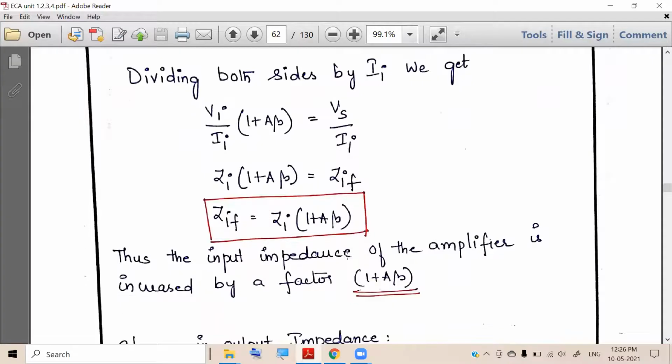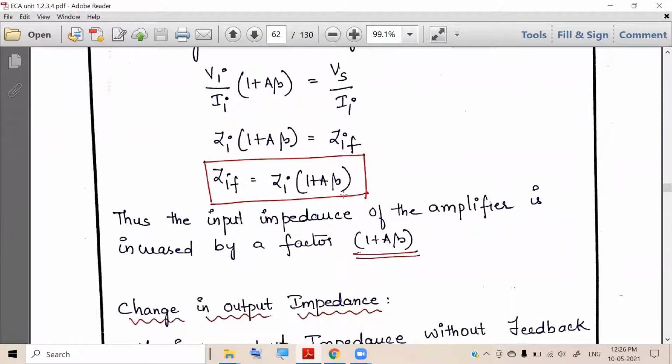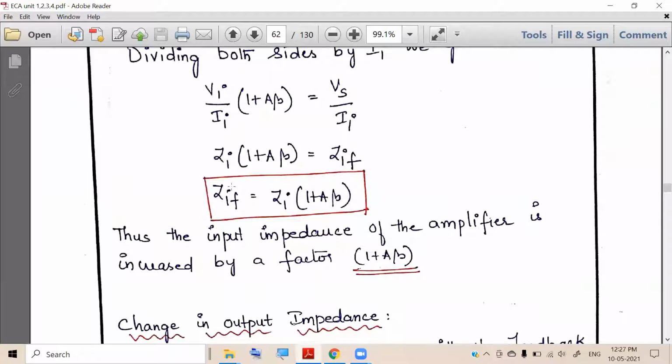So the input impedance with feedback is increasing by a factor of 1 plus A beta. What is the advantage of that? Last class I opened one software and explained.